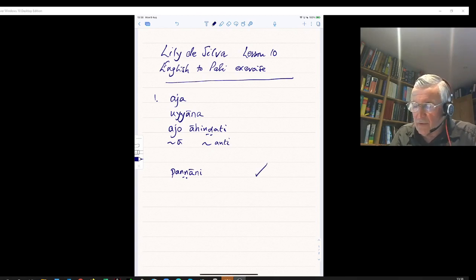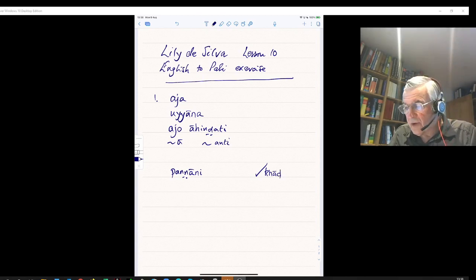So to eat, the root is kad. So the goat eats is ajo kadati.